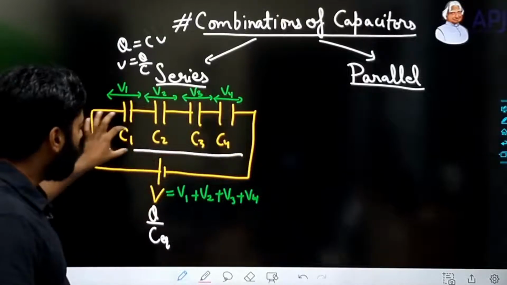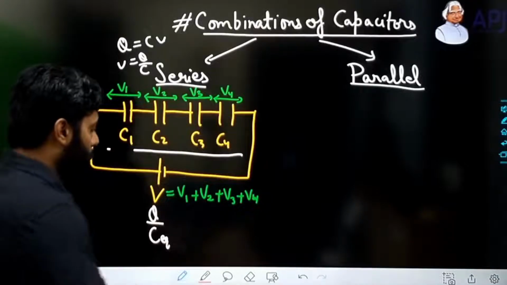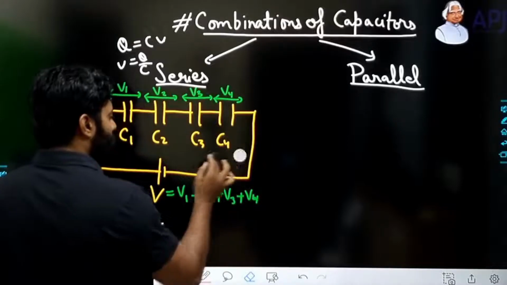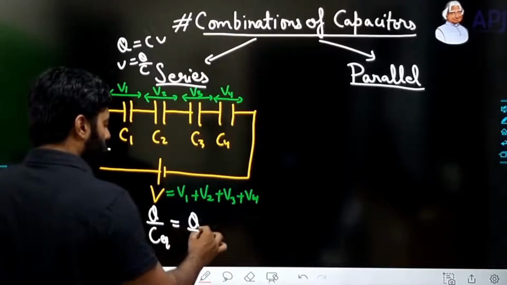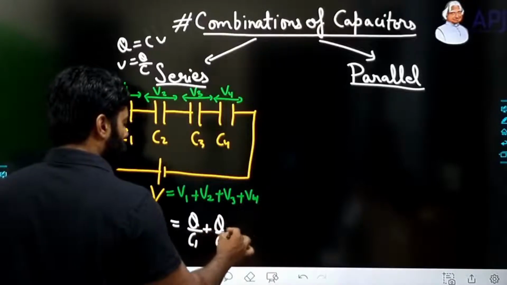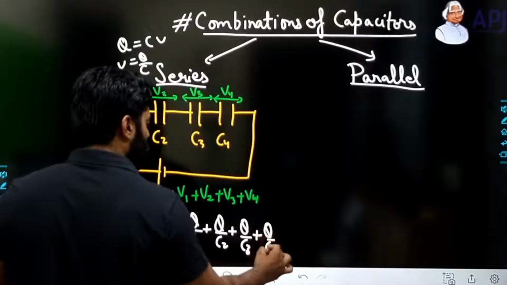So in series, what is constant here is charge. So Q by C1 plus Q by C2 plus Q by C3 plus Q by C4.